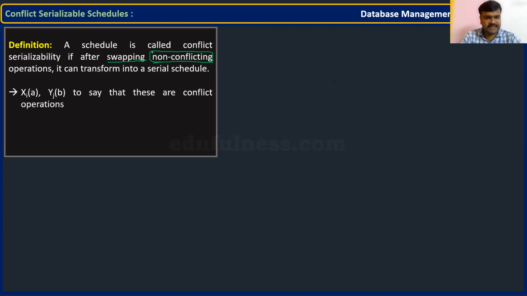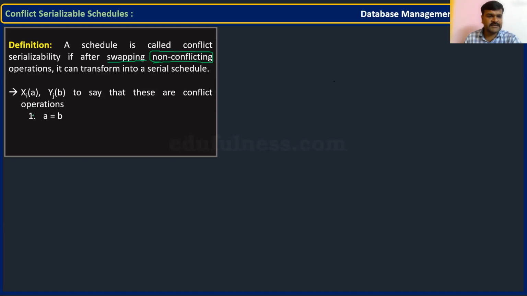By definition, when you have two operations like xi of A and yj of B, to say that these are conflicting operations, we will see the meaning of each letter here, then we will understand very easily.